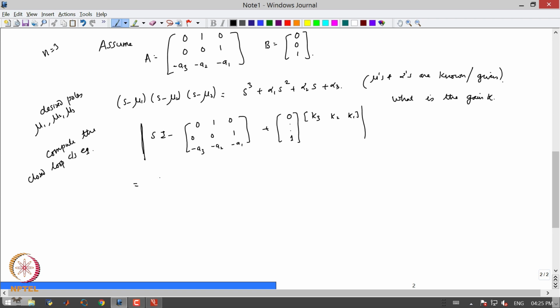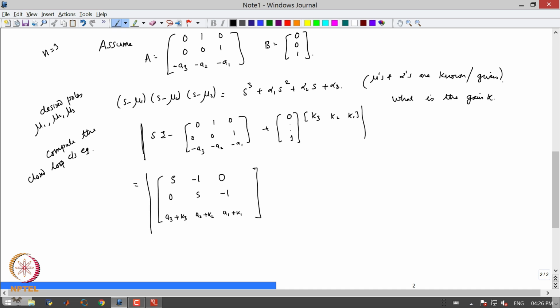So, how will this look? This will be S here, a minus 1, a 0, a 0, S, another minus 1, and here A3 plus k3, here A2 plus k2, and here A1 plus k1.